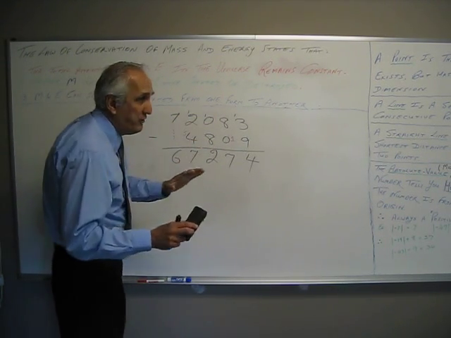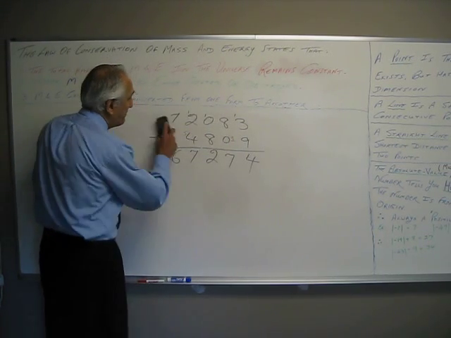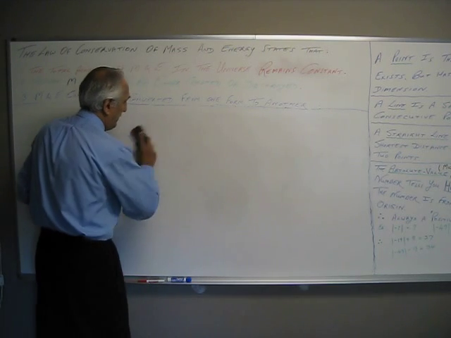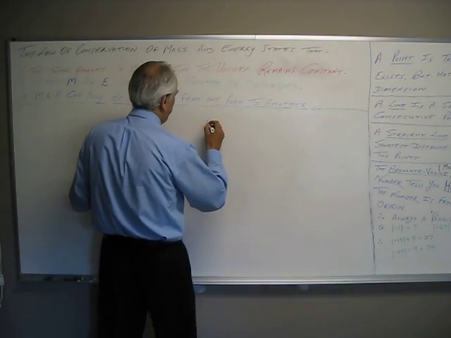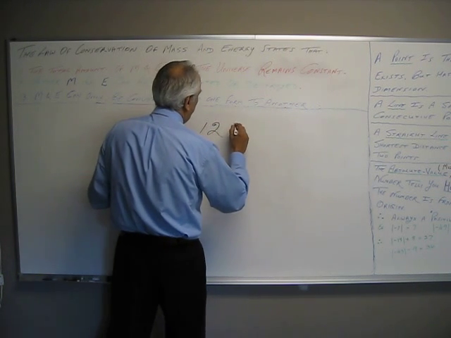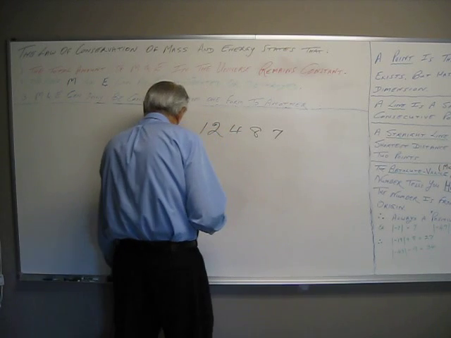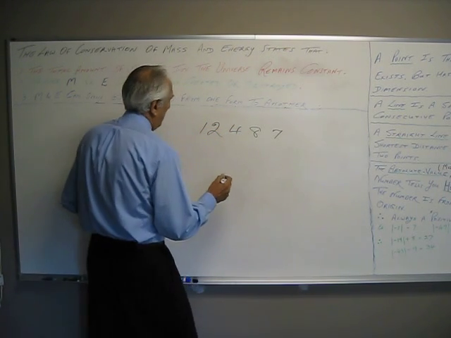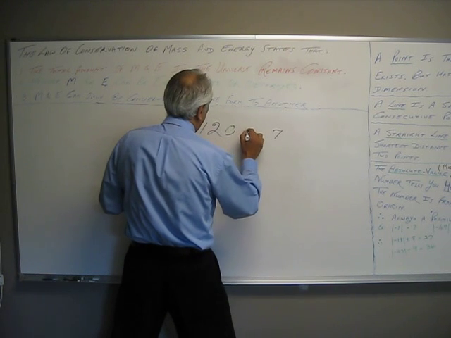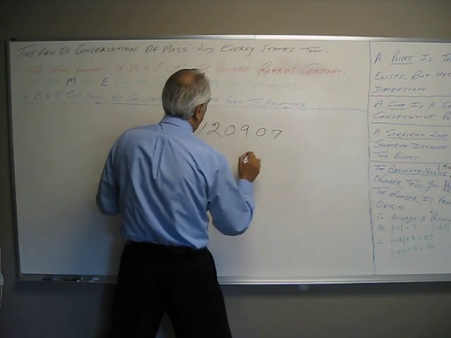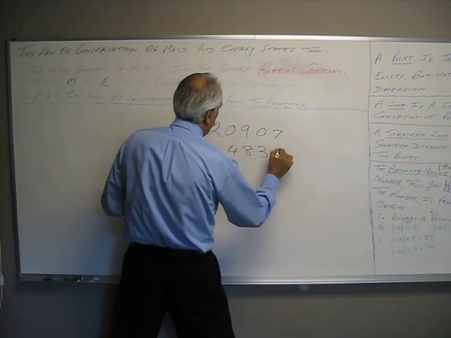This method is far superior to the one you may be taught in school, but let me go through that method in school. I should have used the same numbers. Okay, whatever. 12,487 minus 4835.